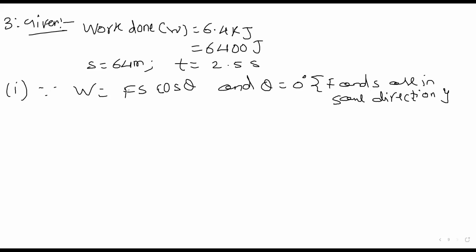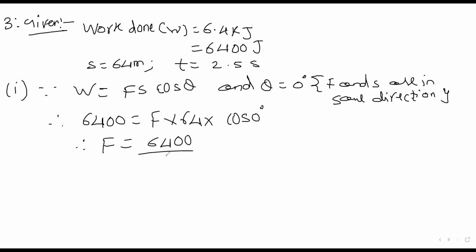So 6400 is equal to F into 64 into cos 0. Cos 0 is 1. So F will be 6400 upon 64. This means F is equal to 100 Newton. As simple as that.